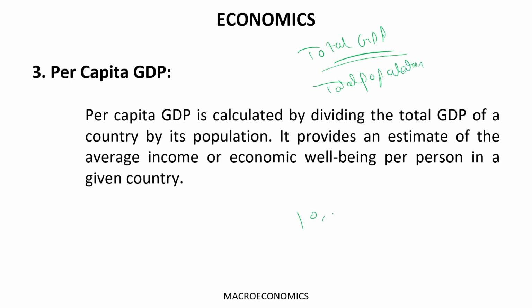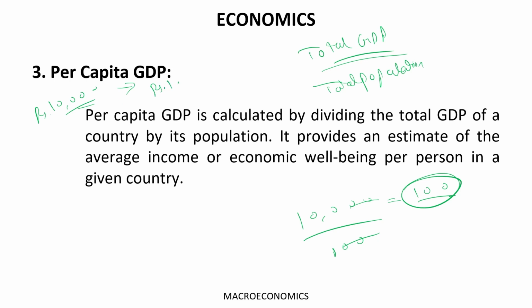Suppose there was 10,000 value and 100 people are there, then the per capita GDP is 100 rupees. It means that if the country altogether produces rupees 10,000 worth during a certain time period, everyone will get 100 rupees as their share. Okay, but this is only a hypothetical condition. It is basically used to determine the well-being per person in a country, but it is not so real or realistic in modern times, or you can say in ground reality.